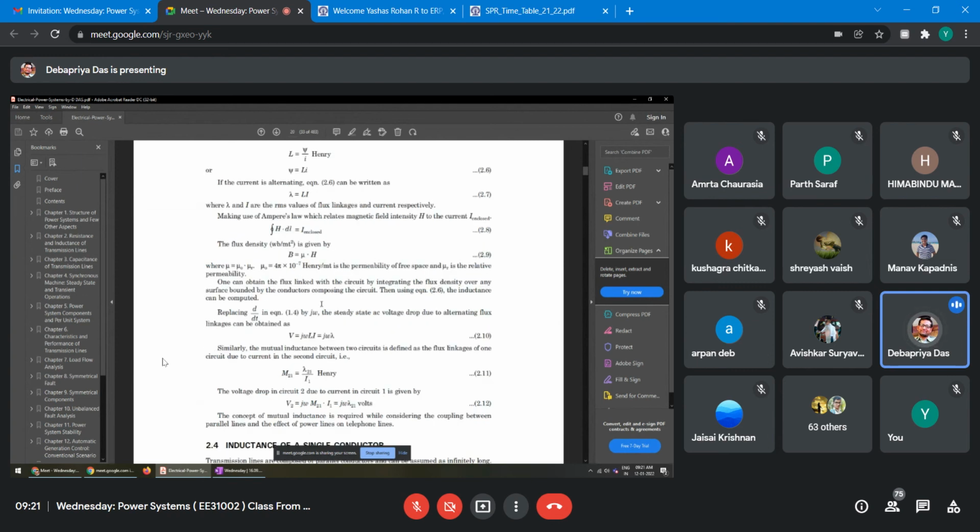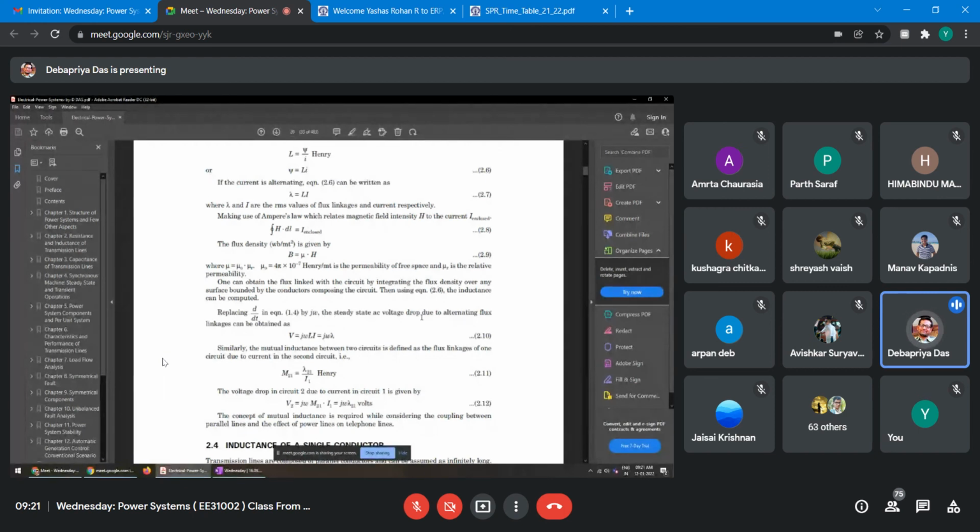So later, one can obtain the flux linked with the circuit by integrating the flux density over any surface bounded by the conductors composing the circuit. Therefore, equation 2.6, the inductance, can be computed by replacing d by dt with j omega, right?